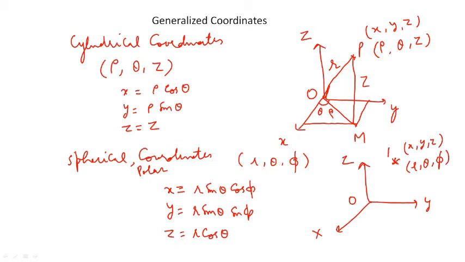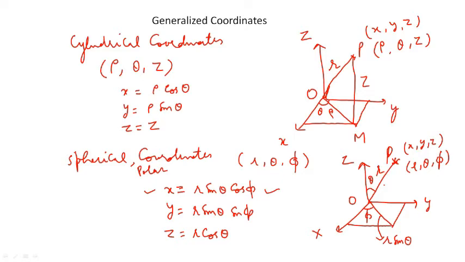Here OP is equal to r, and it is making an angle of theta with the z-axis. And suppose this distance is r sin theta, and this is making an angle of phi with the x-axis. So it will have a component along the x-axis that will be equal to x. x will be here r sin theta cos phi.